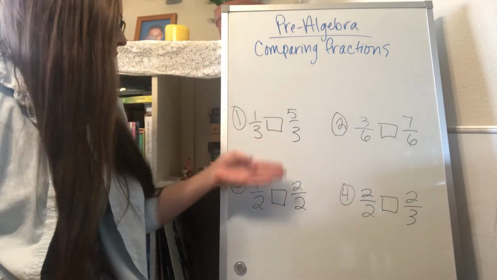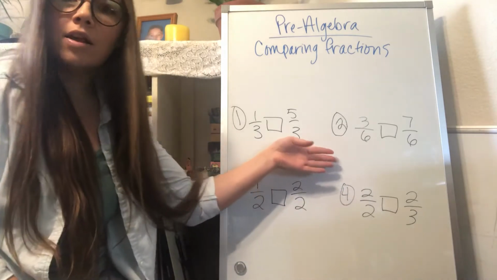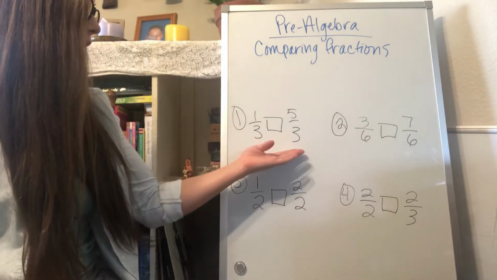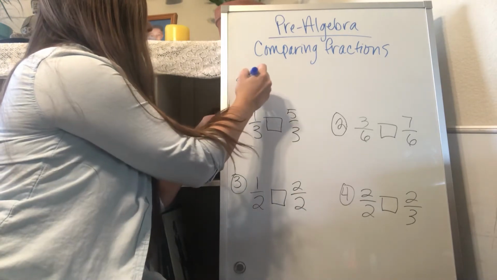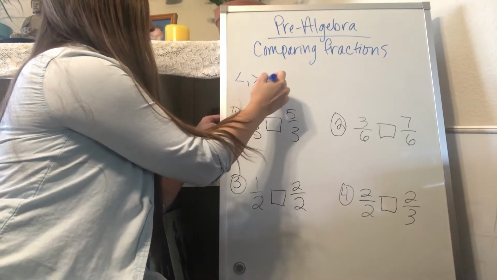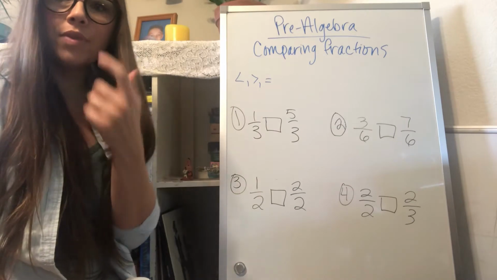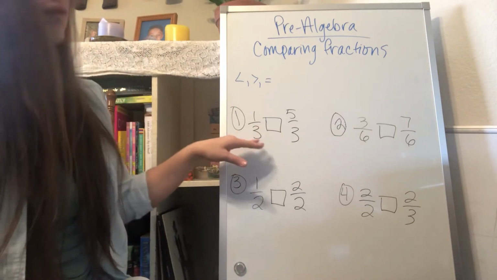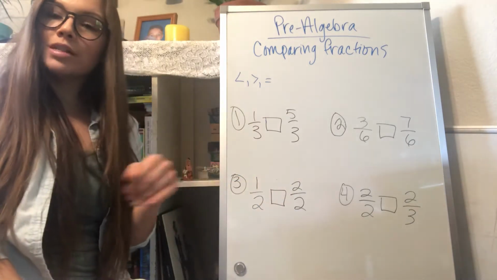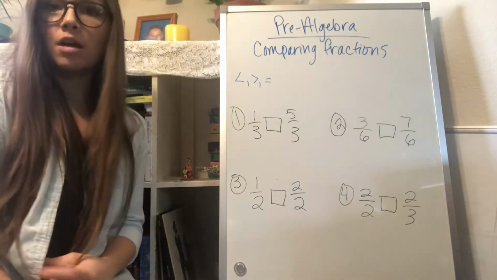This is how the problems are going to look on your assignment. Basically, you're given two fractions and you need to compare them with either less than, greater than, or equal to. Okay? So the first three all have the same denominator, which makes it really easy to compare fractions with the same denominator, right?